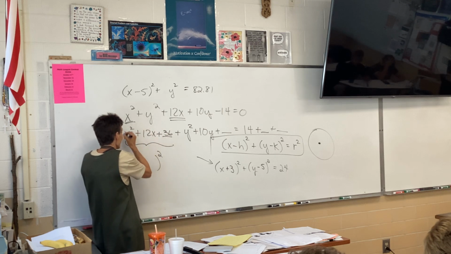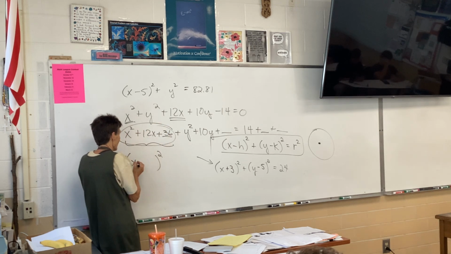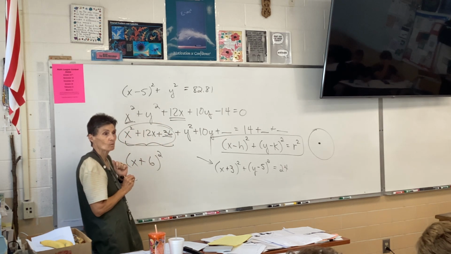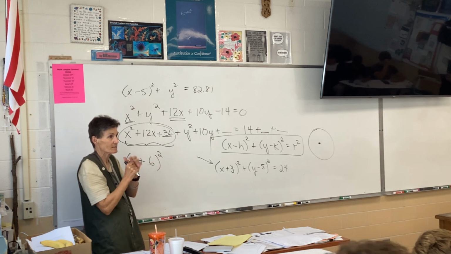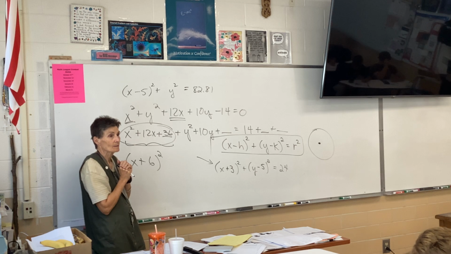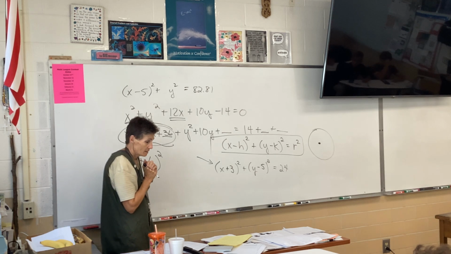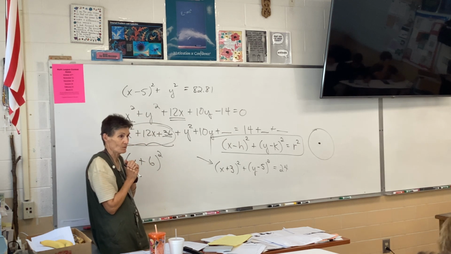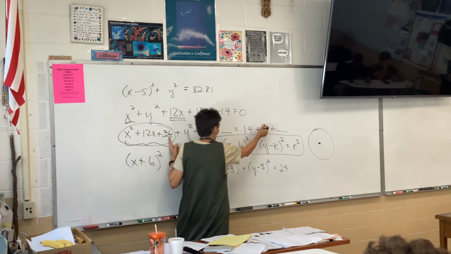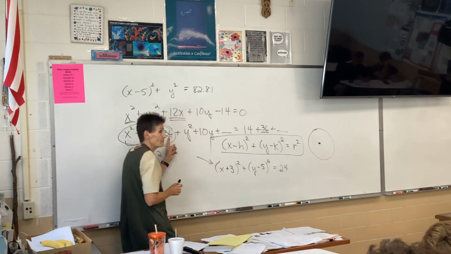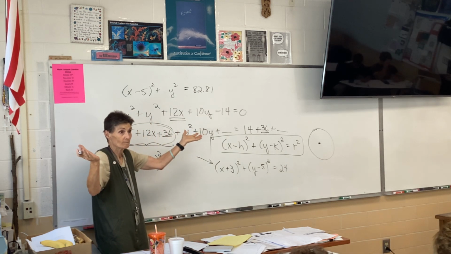It made this guy right here, x plus 6, quantity squared. x plus 6, x plus 6. Now, she's got to remember, though, that if she stuck a 36 over here, she's also got to stick one over here. This is an equation.